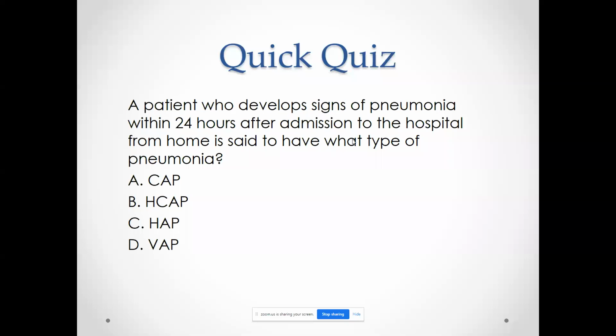What type of pneumonia is this? Is it A, B, C or D: CAP, HCAP, HAP or VAP? What do we call this?